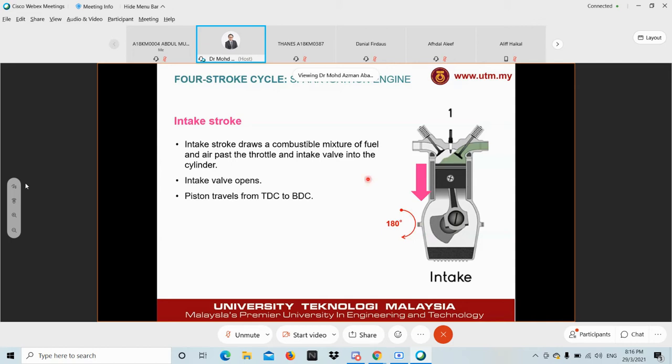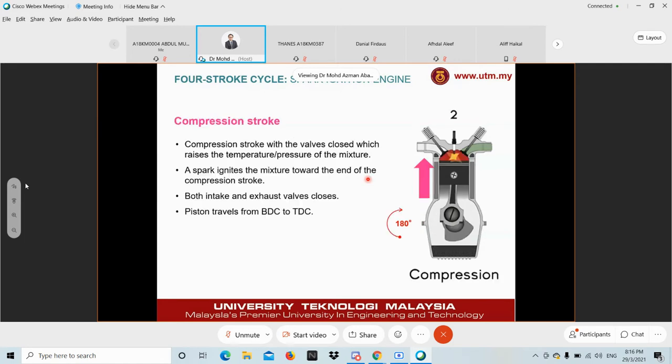Next, following the intake stroke, you have the compression stroke. Right after the piston reaches BDC, it starts to move from BDC back to TDC. During this compression stroke, with the air and mixture filling the volume, the piston moving from BDC to TDC compresses the mixture.